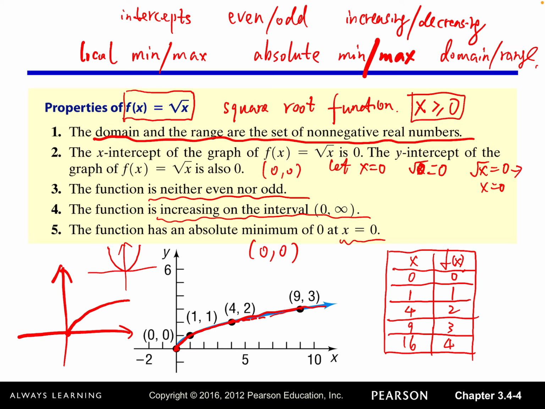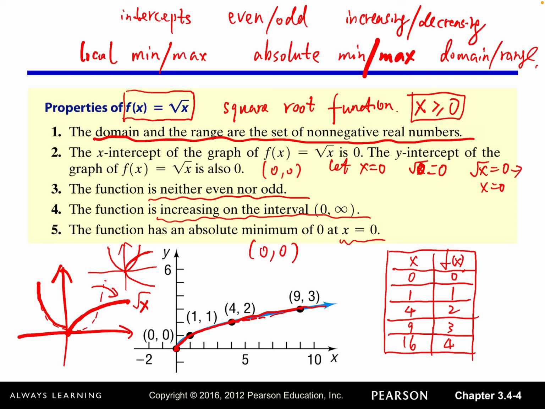So the square root function is actually a parabola rotated 90 degrees to the right-hand side, but only half of it, only this part. So this is half of the parabola, rotated to the right 90 degrees. If you think about it, this is a parabola, and then you rotate it 90 degrees this way, and then this part becomes this part. That is the square root function.